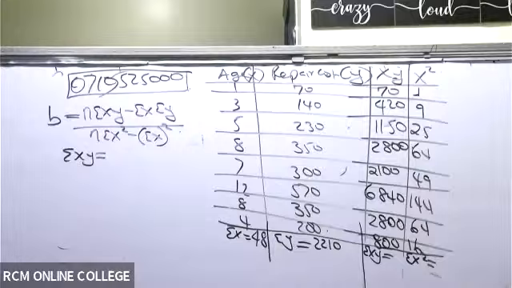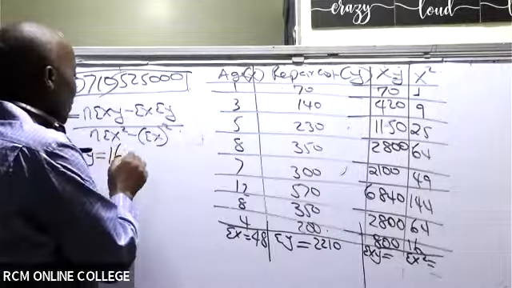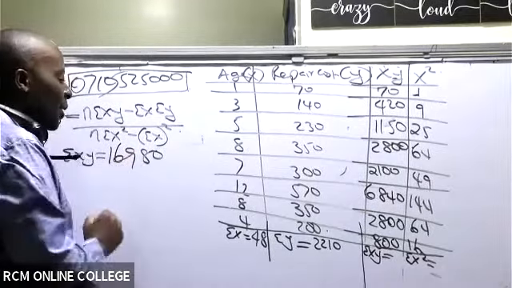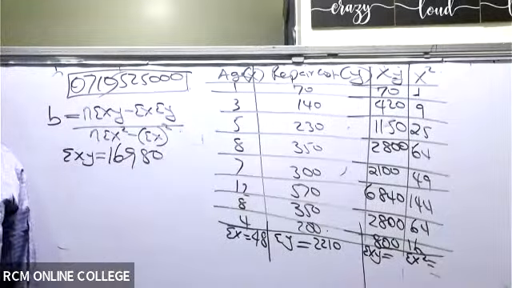What do we have? xy is 16,980. Can someone else confirm that what this great sister of ours is giving us is correct? Yeah, somebody has confirmed 16,980.